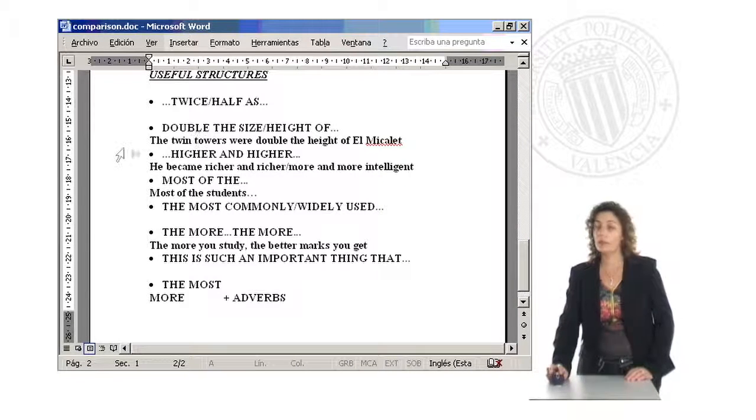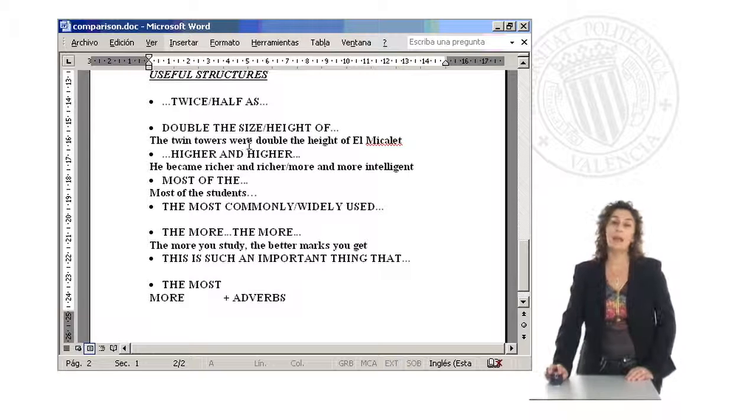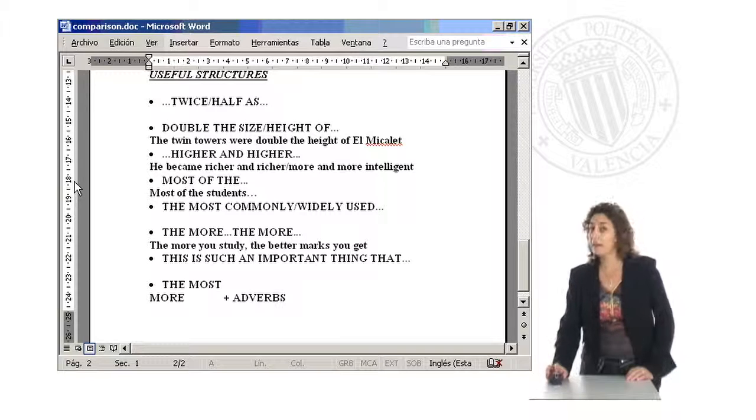One example you've got here is: the Twin Towers were double the height of El Micalet. And another one that is quite useful, and it's important that you remember it, as there is no direct translation into Spanish, is this one.